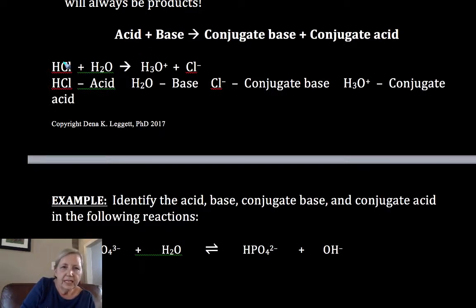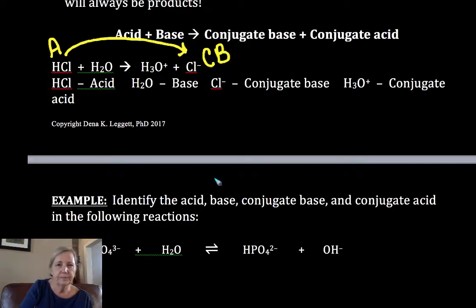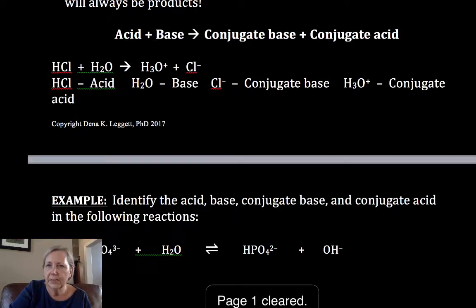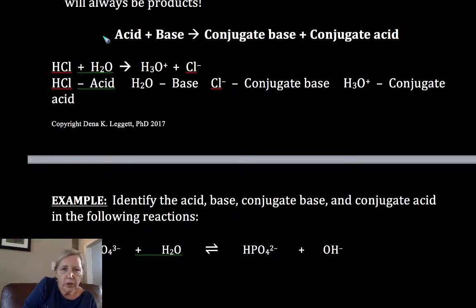Once HCl does what it does best, it was an acid. What it forms is called the conjugate base. Okay. Now let's take a look at the base one. Water was the base. What it forms when it gains the H plus is a conjugate acid.